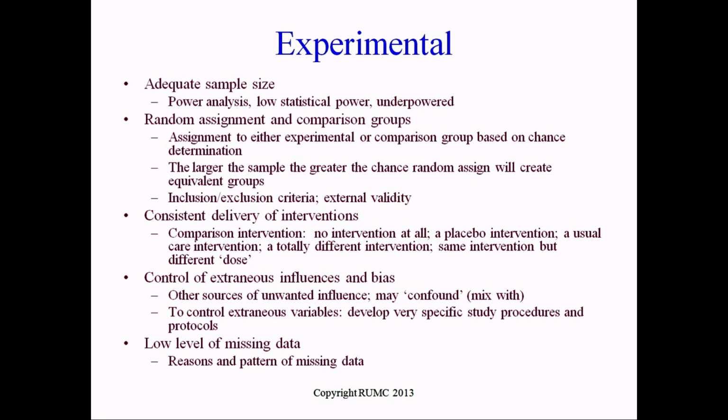There are electronic programs that provide computer generated randomization tables. Again, this is something that a statistician can help guide you with. But the key thing is to remember that experimental designs involve some kind of randomization and manipulation of a treatment.